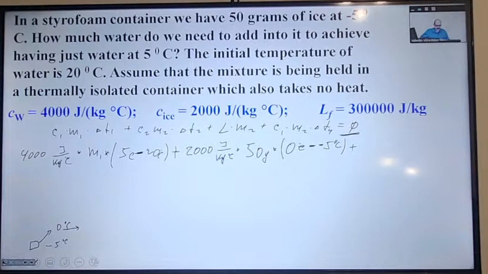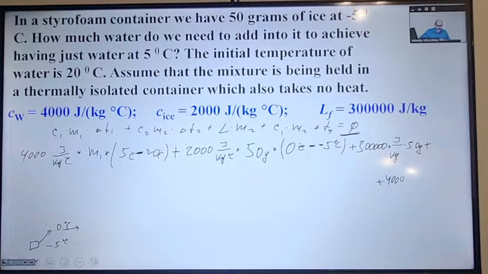next term, latent heat of fusion times, well, joule per kilogram times 15 grams, and plus, I wasn't able to fit it in one line. The last term uses again specific heat of water.